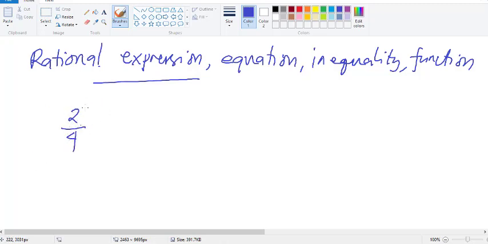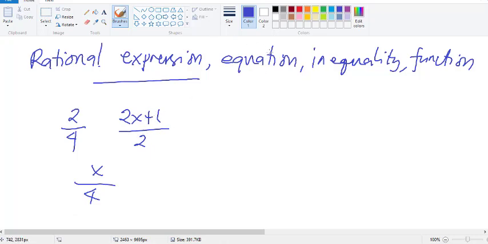Why? It has terms, a numerical coefficient, and a fraction part. That is already an expression. If we say 2x plus 1 over 2, another rational expression. If we say x over 1 or x over 4, another rational expression. That's what we mean by an expression.